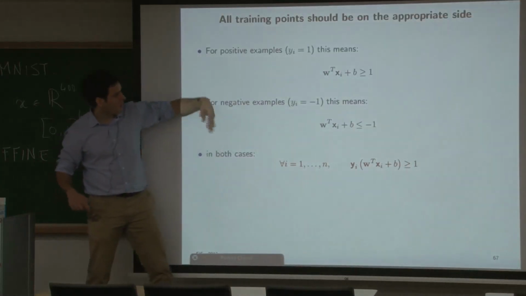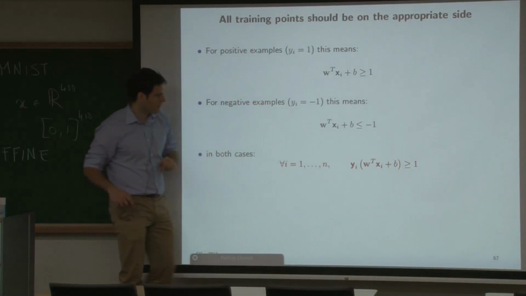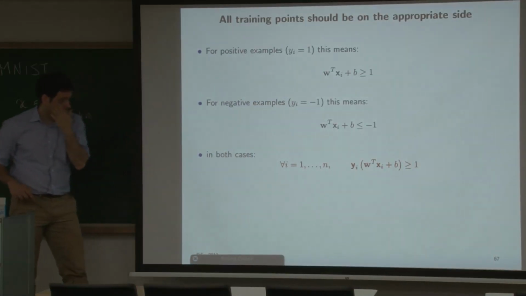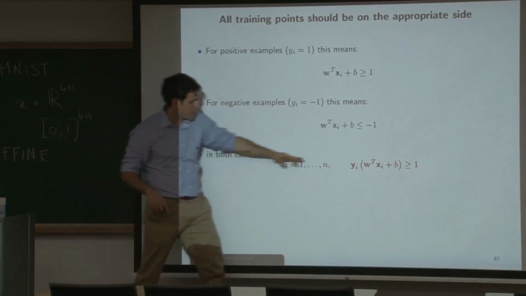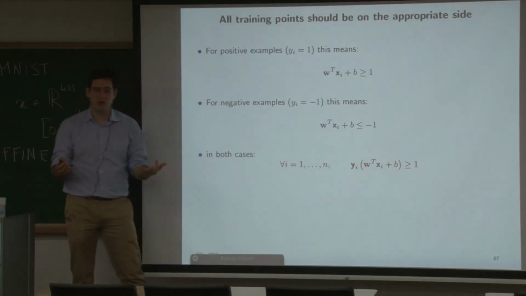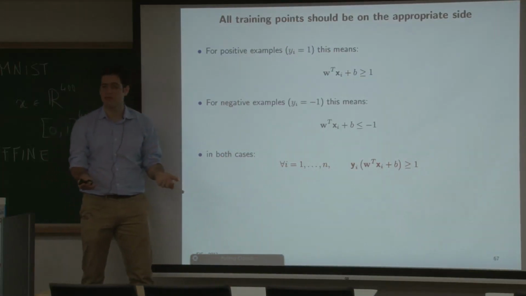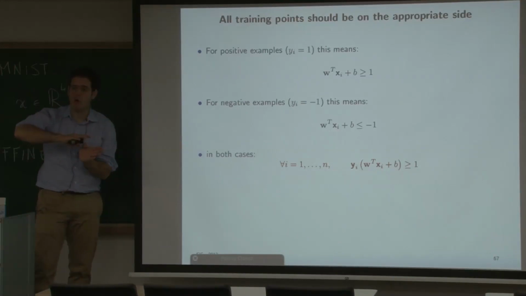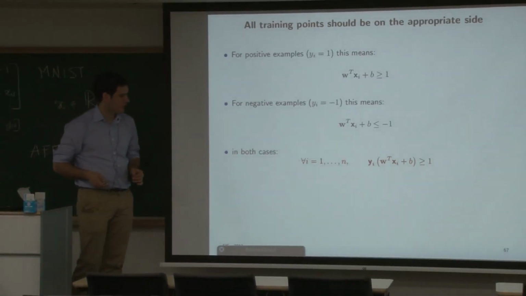Those two conditions can be summarized with this one: the label, minus 1 or 1, times w transpose xi plus b is always bigger than 1. This ensures that I'm always outside of the tube for the good observations.